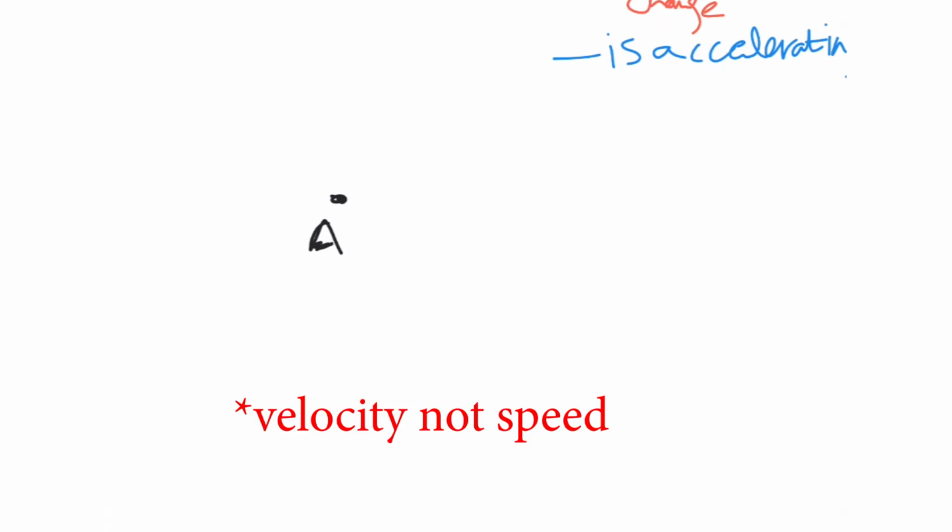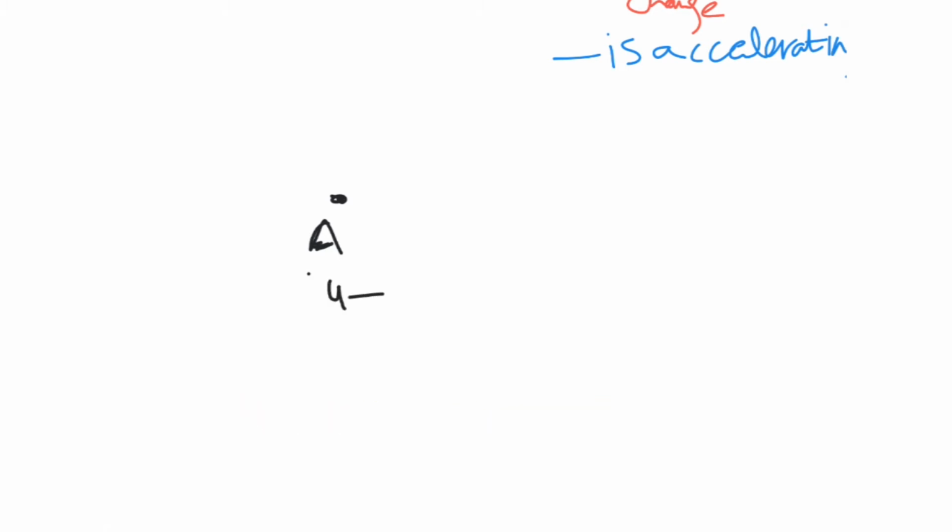Now let us calculate acceleration with a simple example here. Let's say an object A was moving and its speed increased from 5 meters per second, which means initial speed, which is represented by u, is equal to 5 meters per second, and accelerated to 10 meters per second, which is the final speed.